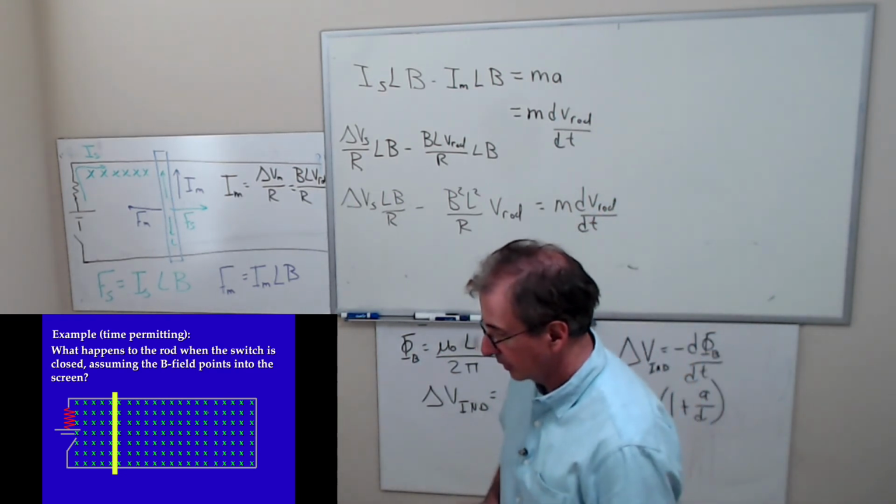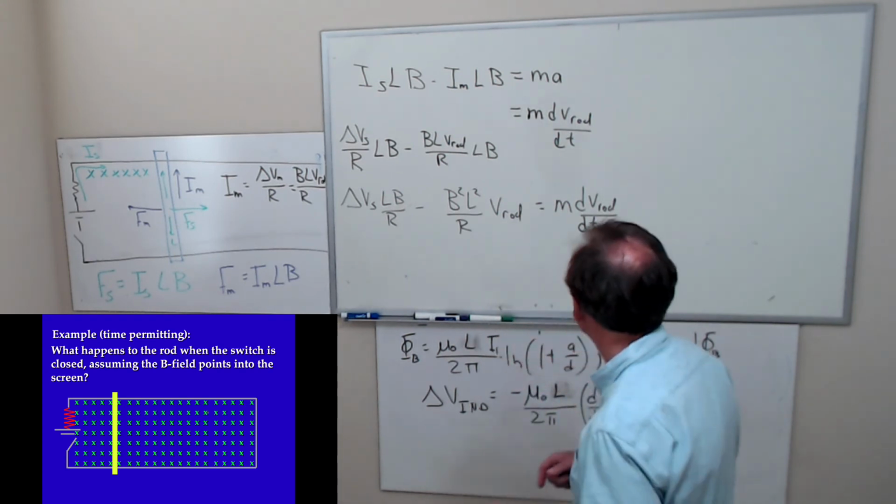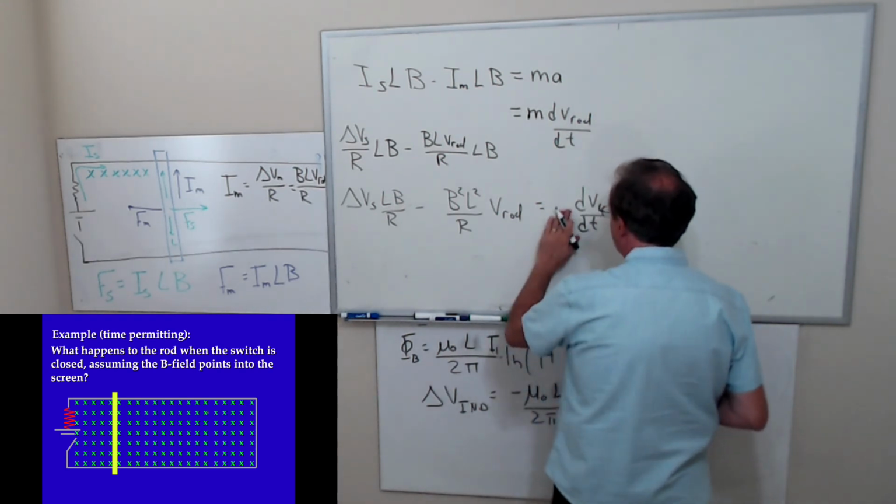Let me divide both sides by the mass of the rod, M.